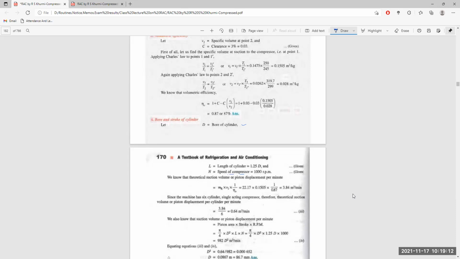Now the suction volume of the cylinder is piston area times stroke times RPM: pi by 4 D square times L, pi by 4 D square into 1.25 D into 1000, which means 982 D cube meter cube per minute.